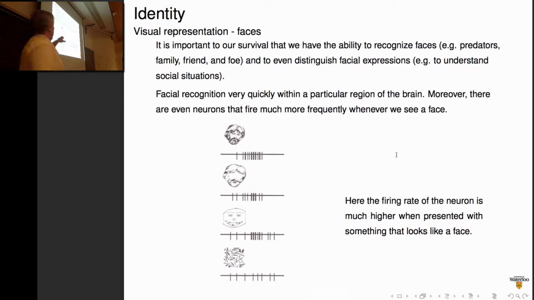So if we look at these, these are actually measurements of the firing rate of a particular cell. When the subject is presented with the face at the top here, which is fairly recognizable as a face, you get lots of firing in that cell, lots of activity, and we take away some of the information about the face, the eyes, the nose there, and we still get some firing.